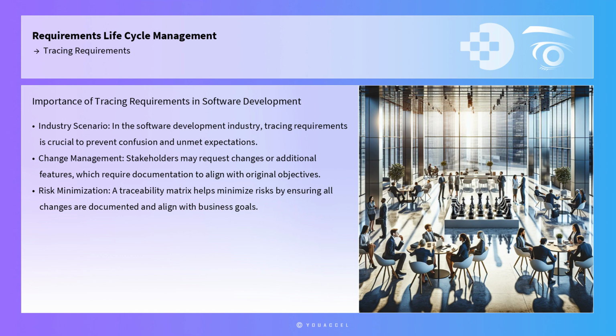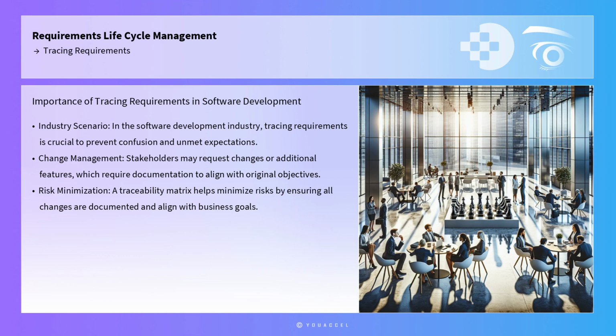A real-world example of the importance of tracing requirements can be seen in the software development industry. Consider a scenario where a company is developing a new customer relationship management system. The initial requirements might include functionalities such as customer data management, sales tracking, and reporting capabilities.